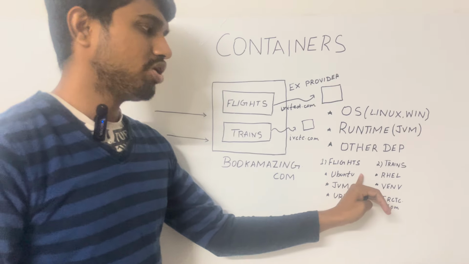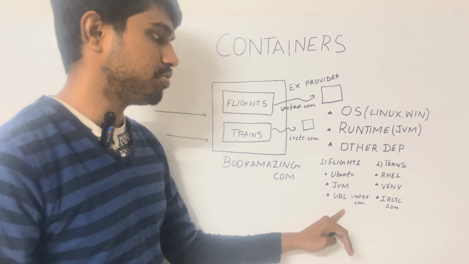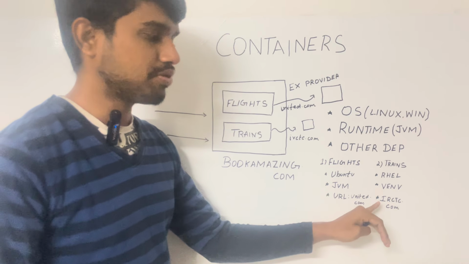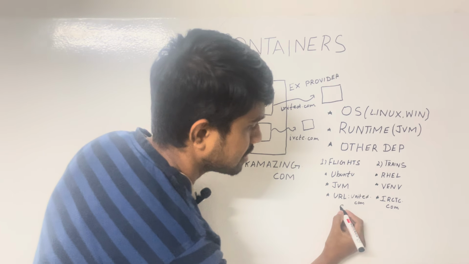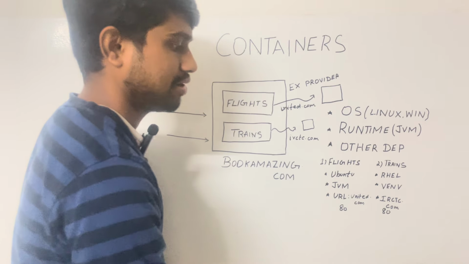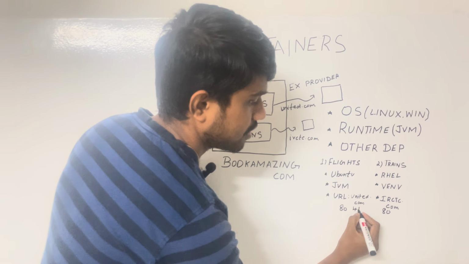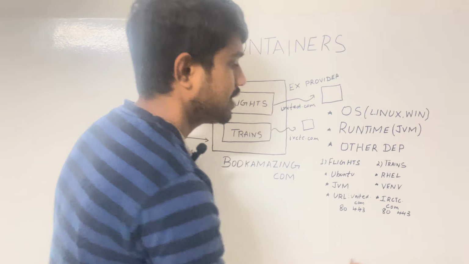So if you want two different operating systems and two different runtimes, and you want to define different sets of configuration, ports, etc. A port looks something like this: 8080 for example, or 443, right?